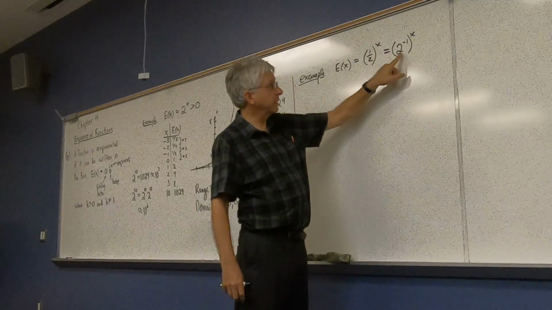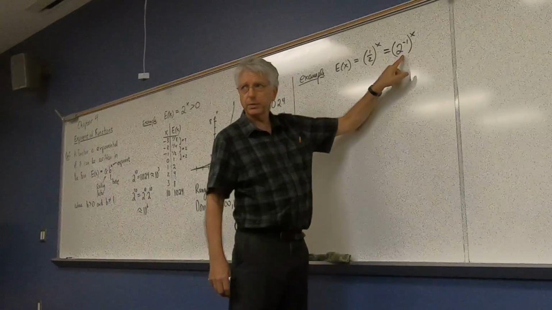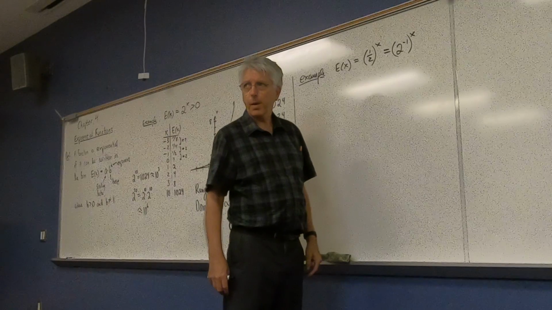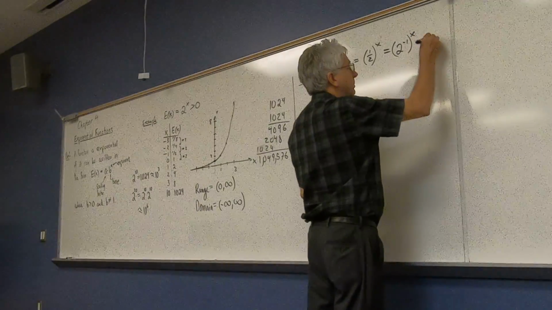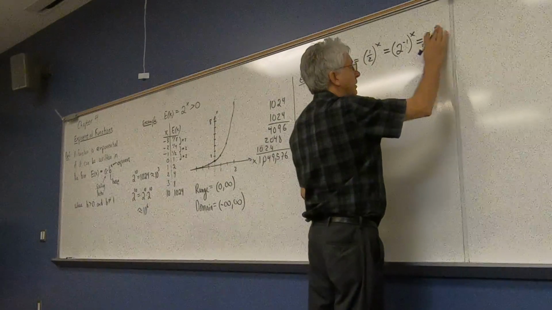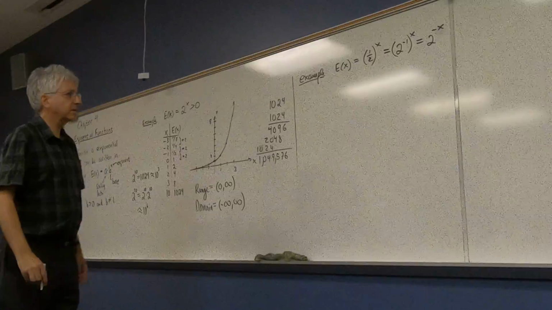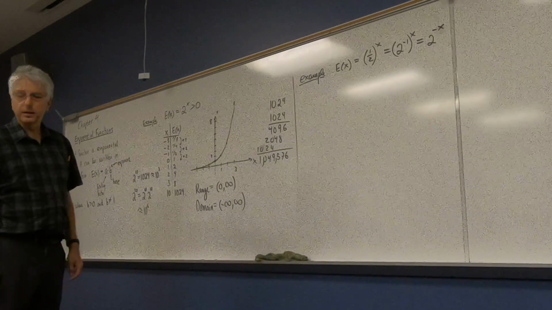So if I were to say, well, this is 1/2, that'd be back to here. But when you raise a power to the power, what do you do with the powers? Multiply them, right? It's a property of exponents, which we could review, but that was for last term. Or the term before.